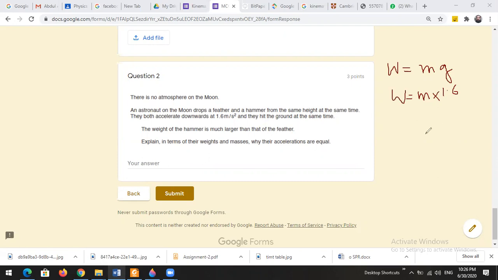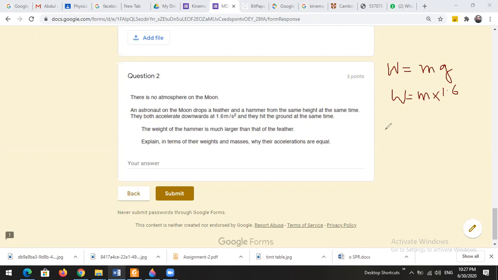Clear? If the mass is lower, the weight will be lower, and if the mass is higher, the weight will be higher. It means if the mass is lower, the force of gravity exerted by the moon is lower, and if the mass is higher, the force of gravity exerted by the moon on the body is higher.